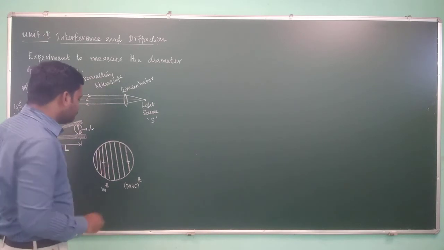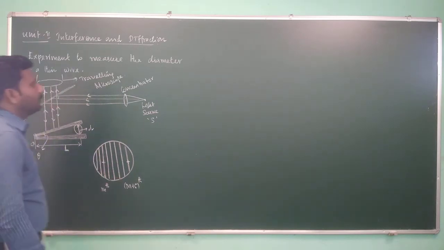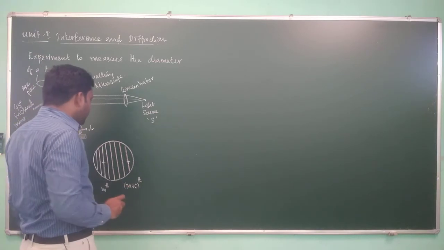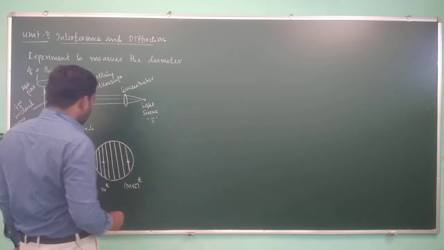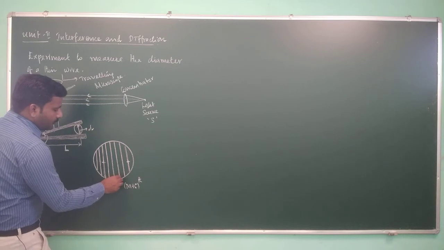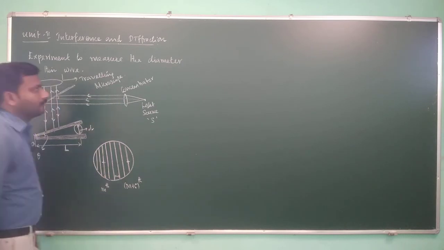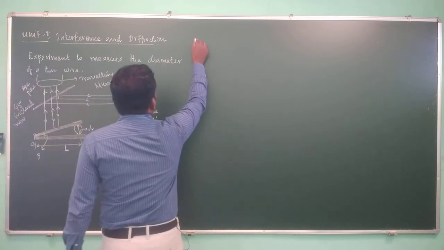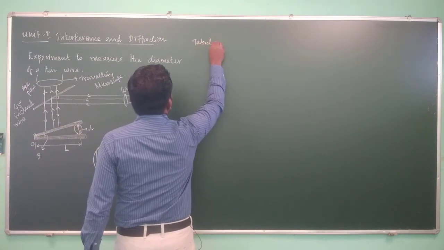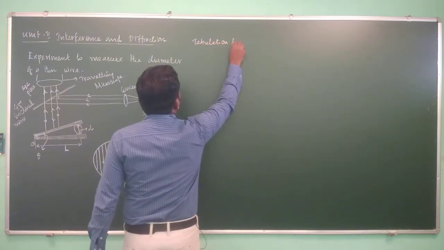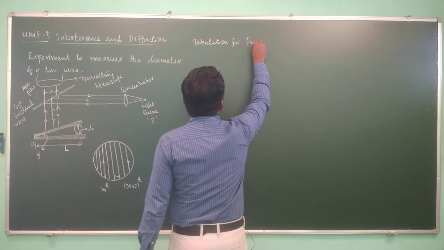In that way we can create a tabulation. That tabulation will finally yield the fringe width, the width between two consecutive dark fringes.